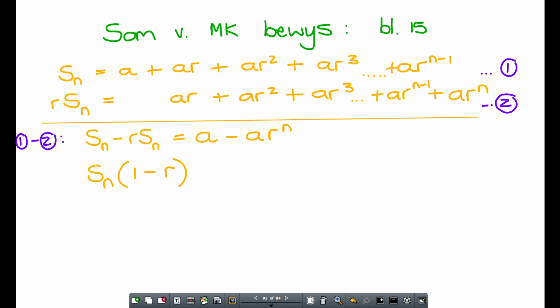Okay, is gelyk aan. Then over here, let's also take out the common factor of A. As ek daar A uithaal, dan raak dit mos 1 minus R tot die mag N. Okay, ek gaan hier vir jou skryf, gemeene faktor.